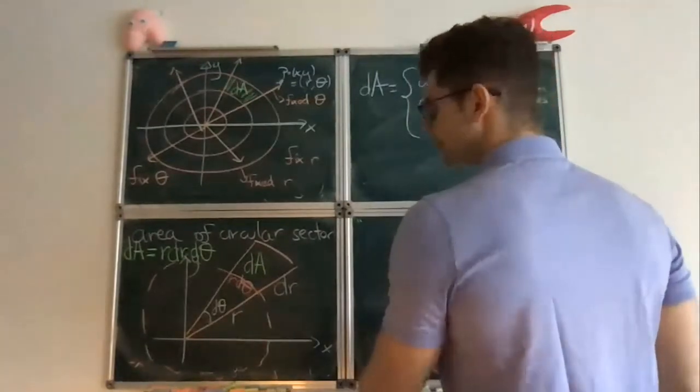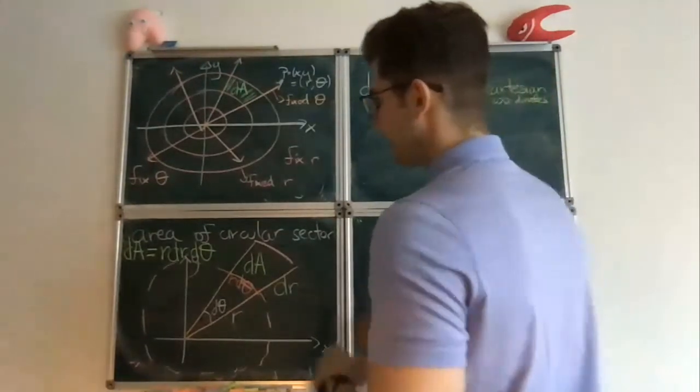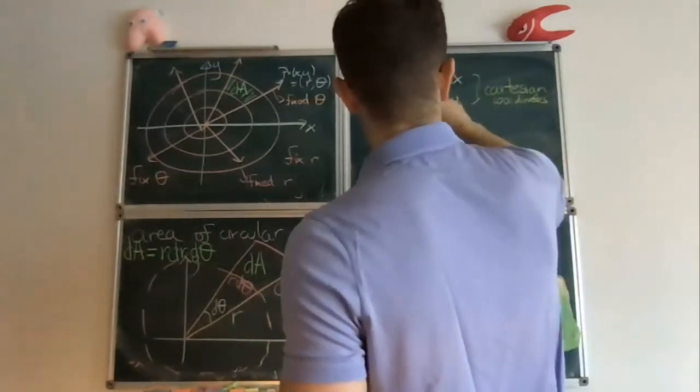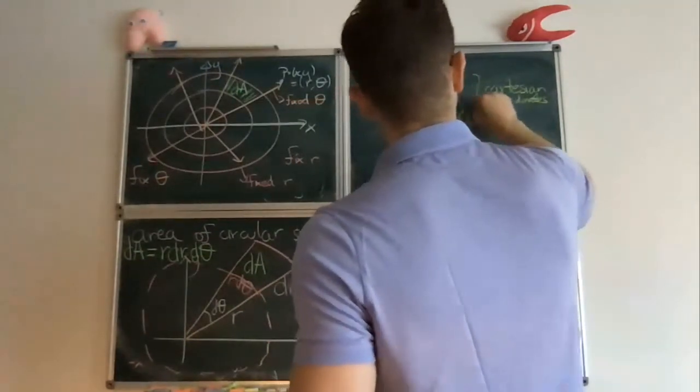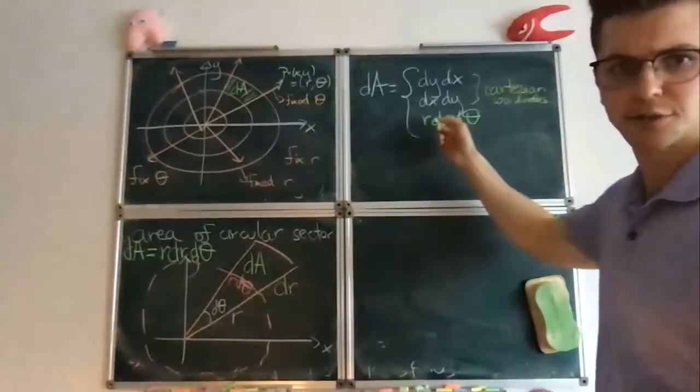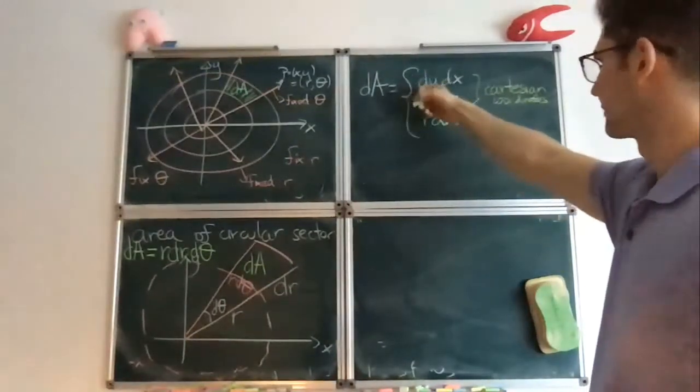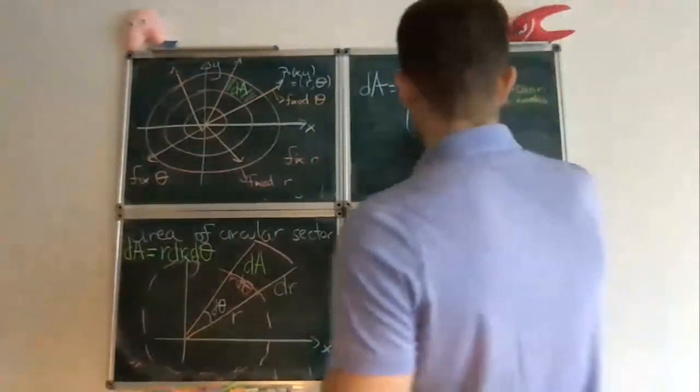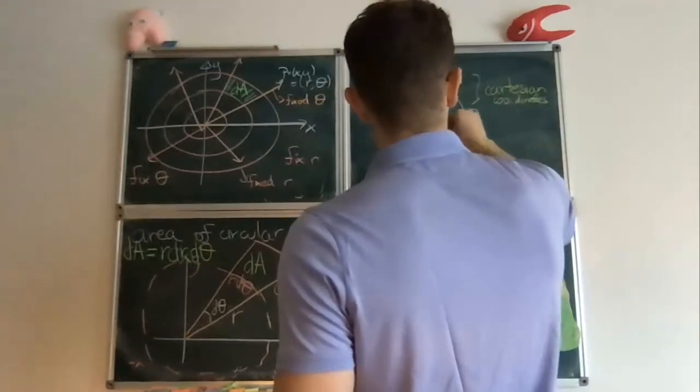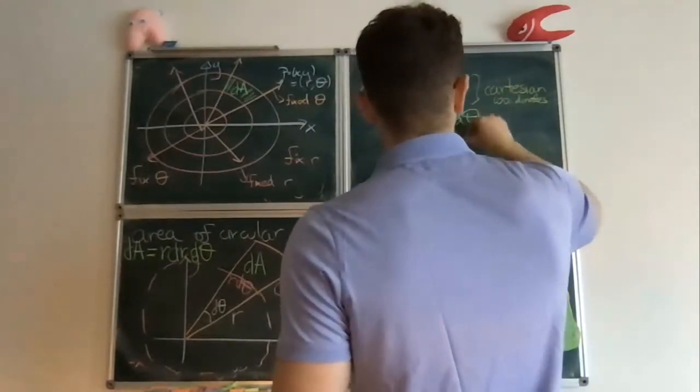Or it could also be r d theta. And you could also flip these two around in the same way in which we flip the orders here. So you could also say r d theta dr.